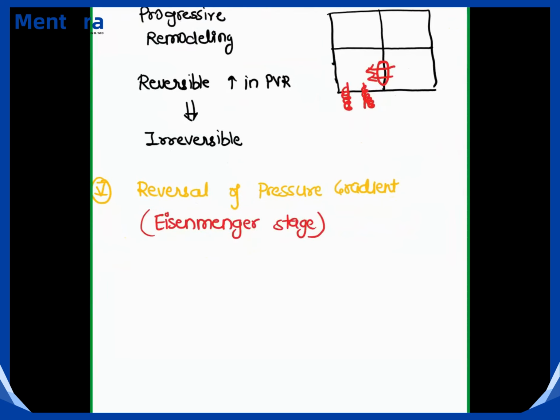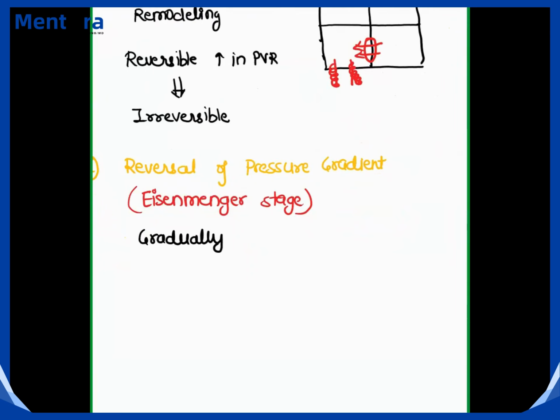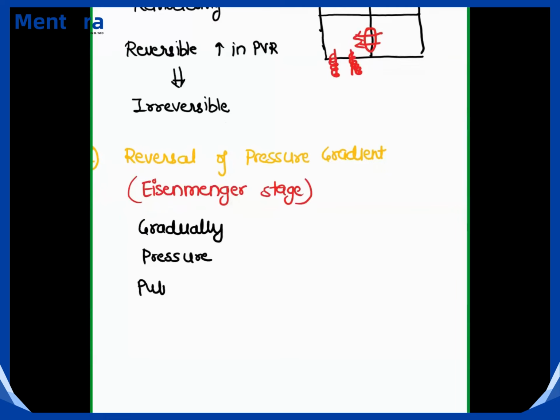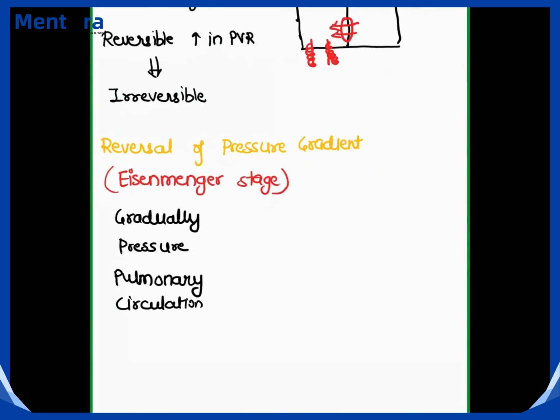So gradually, pressure in the pulmonary circulation exceeds and becomes more than systemic circulation.